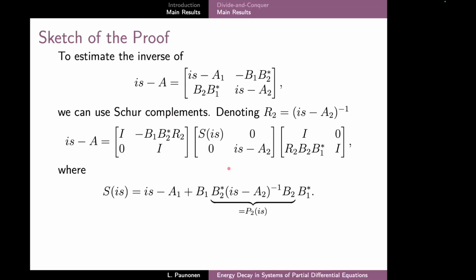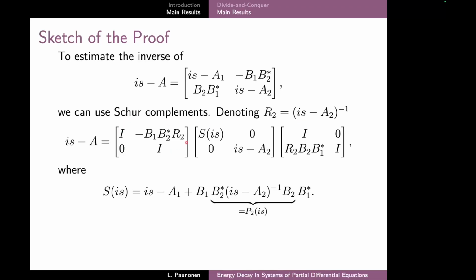And for this purpose, we can write sI minus A in this composite form consisting of three block operators. Here we denote R2 as the resolvent of A2 for brevity, and this resolvent we know by assumption to exist and to be uniformly bounded on the imaginary axis.